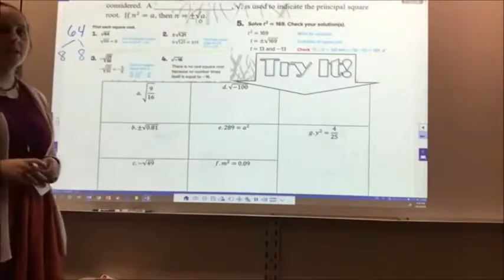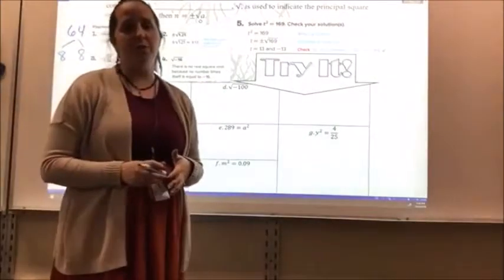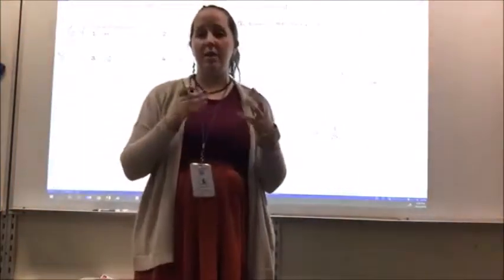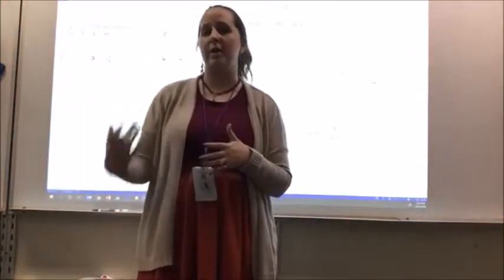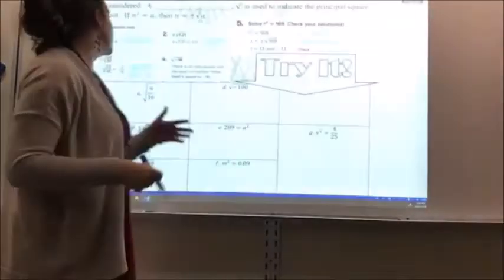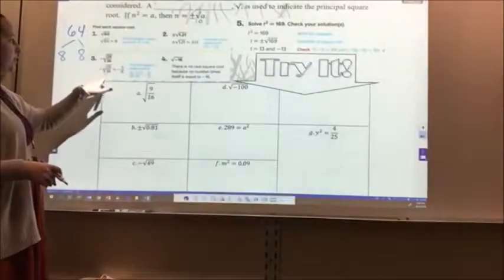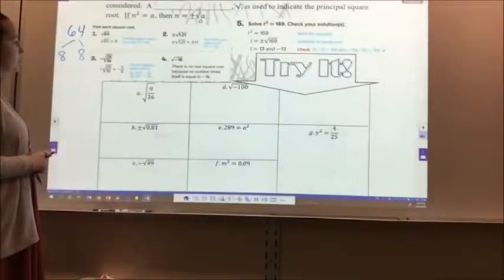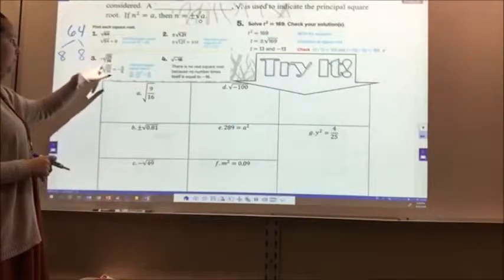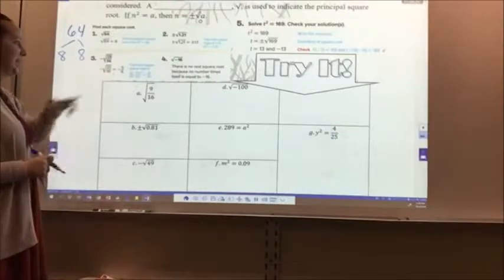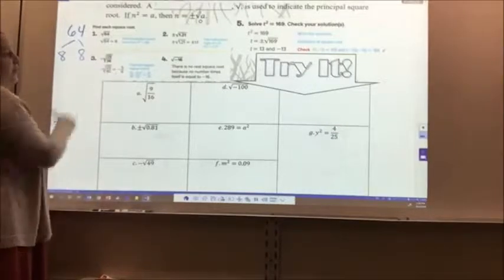When I'm dealing with fractions and square roots, I take the square root of the numerator and the square root of the denominator. The square root of 25 gives me 5, and the square root of 36 is 6. So negative square root of 25/36 gives me negative 5/6, because the negative just follows over.